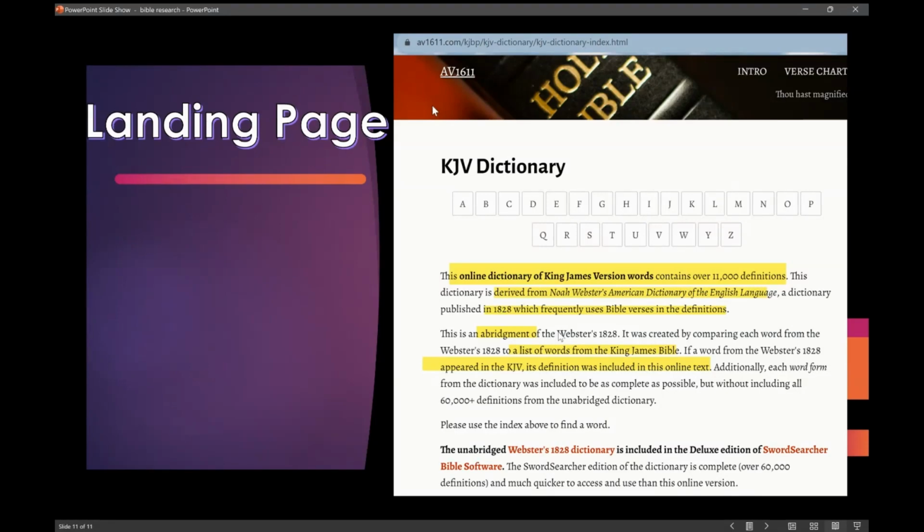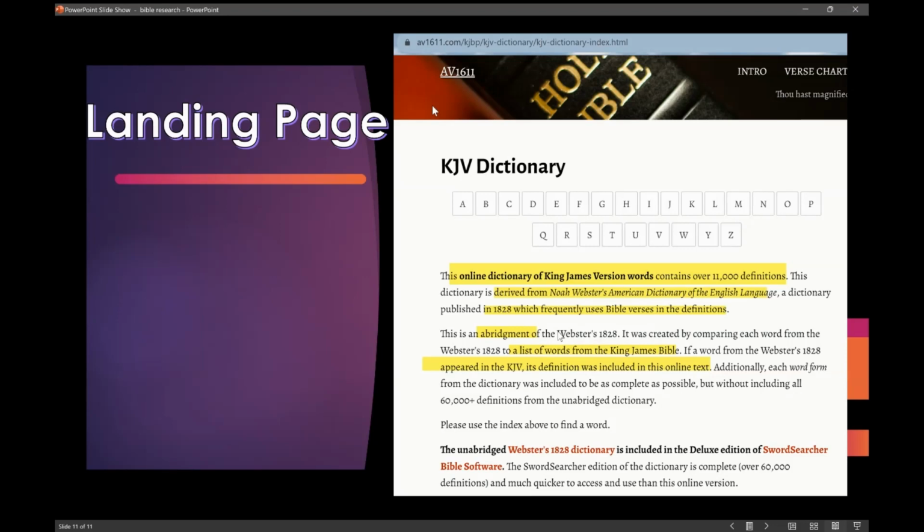Okay, let's continue. This is an abridgment of the Webster's 1828. It was created by comparing each word from the Webster's 1828 to a list of words from the King James Bible. If a word from the Webster's 1828 appeared in the KJV, its definition was included in this online text. So anything that matches the KJV is put here, and they excluded all other words, just the words that match the KJV.